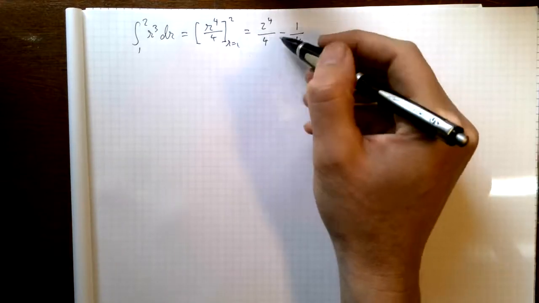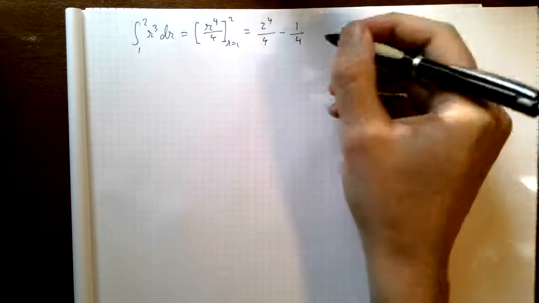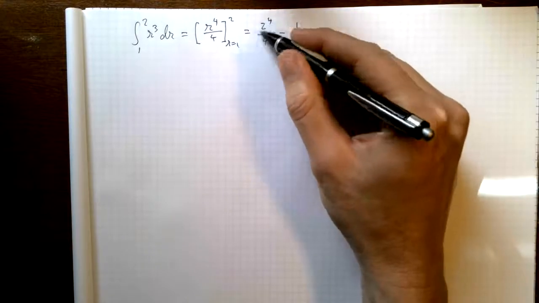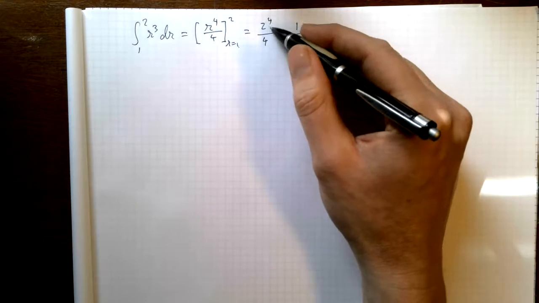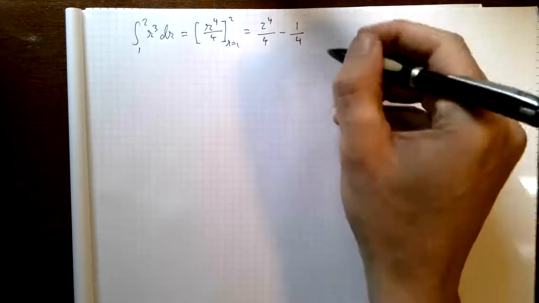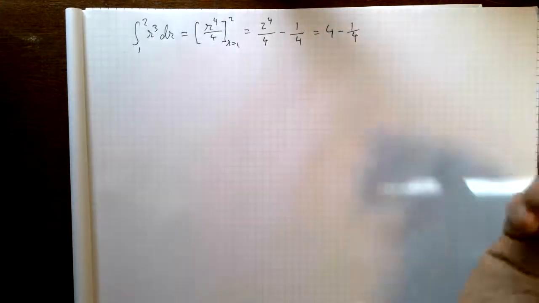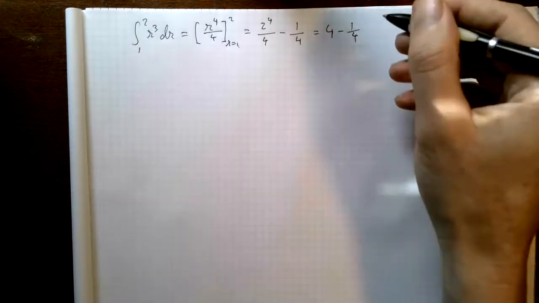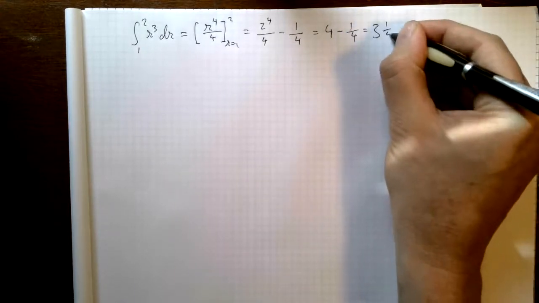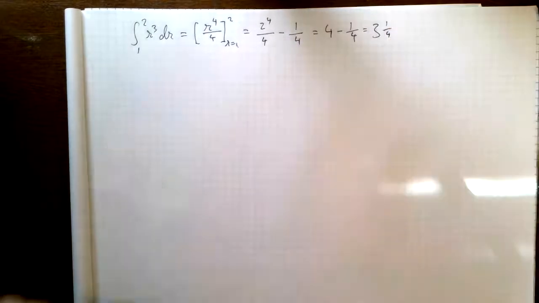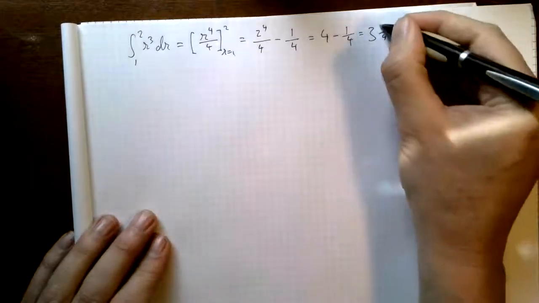There's a 4, I can take out a 4 over here. So this is really 4 times 4, 2 squared times 2 squared, and you divide by 4. So this is 4 minus 1 quarter, so 3 and 3/4. Let me maybe even write it like this. Okay, so that's what this is, 3 and 3/4.